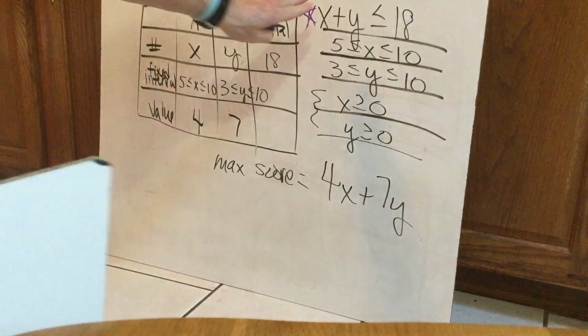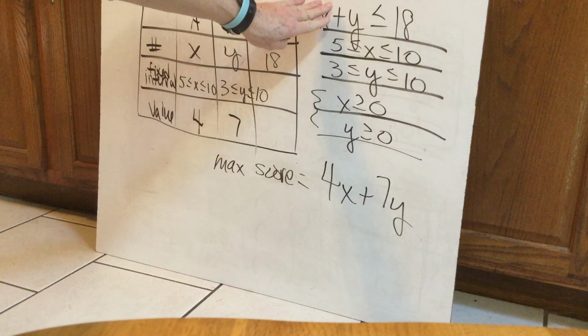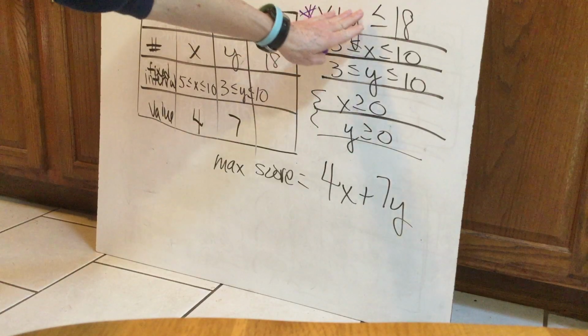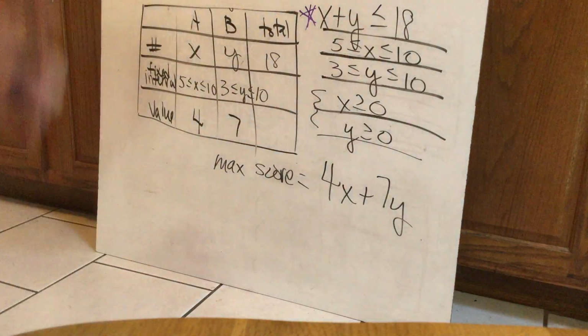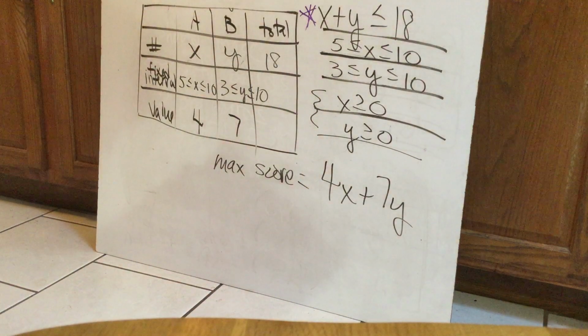So obviously, if I cover up one variable at a time, if I cover up y, x is 18. If I cover up x, y is 18. So 1, 2, 3, 4, 5, 6, 7, 8, 9, 10, 11, 12, 13, 14, 15. Okay, on each axis, I'm going to have an 18 marked.